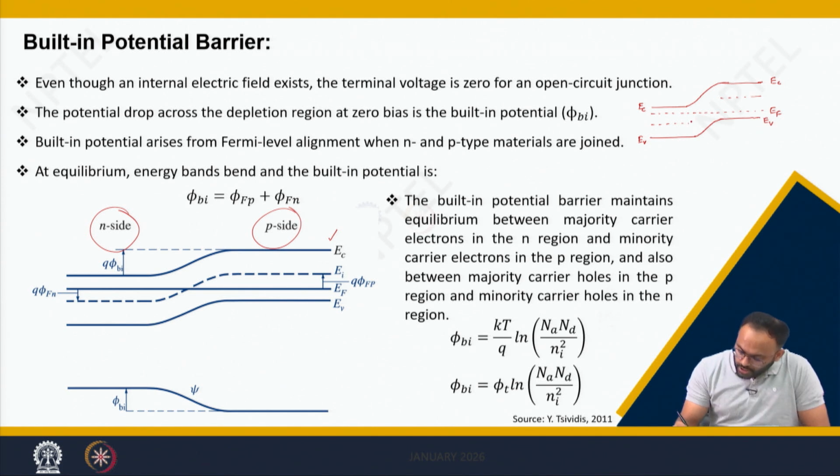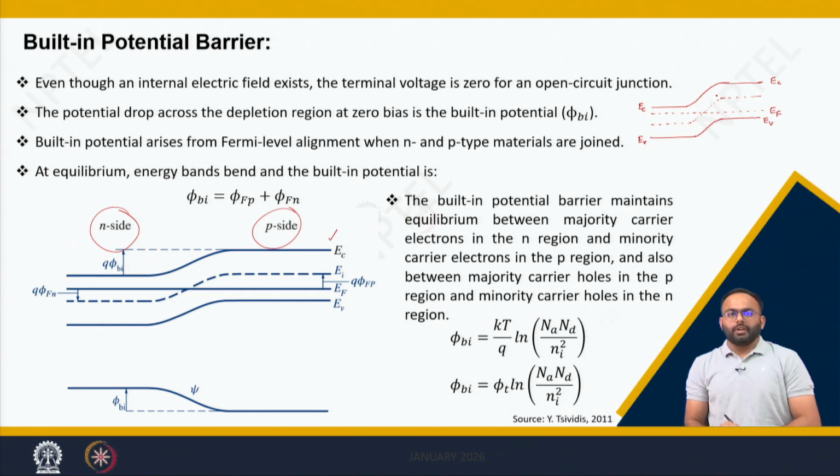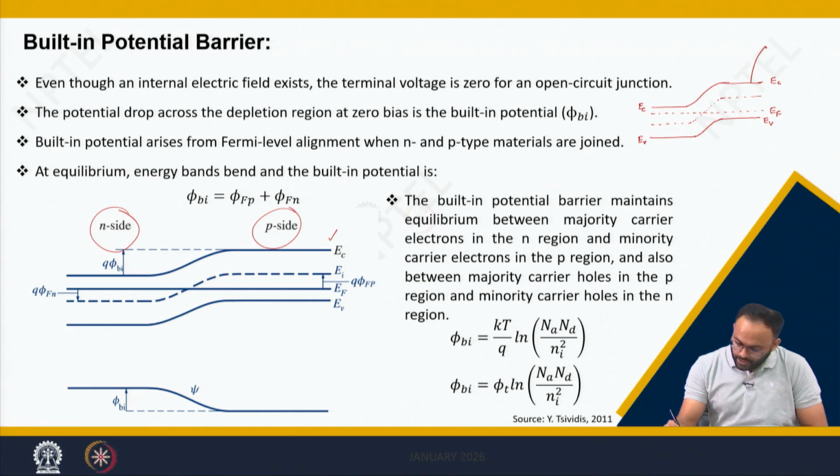Now if you see, the intrinsic Fermi level should also be continuous. We can extract a few more pieces of information from here. If you see carefully at this side, the slope of EC, which is nothing but 1 over q times dEc/dx, is nothing but 0.